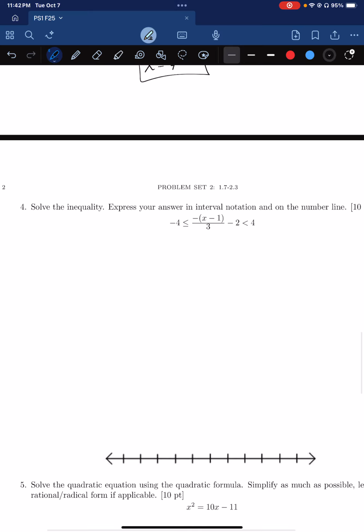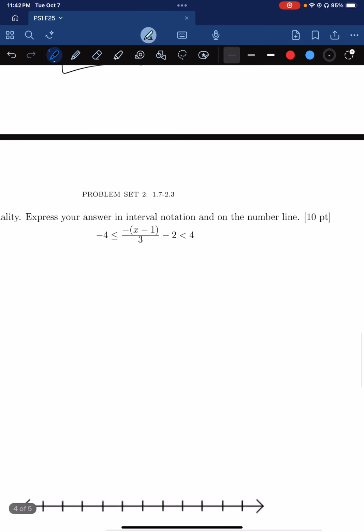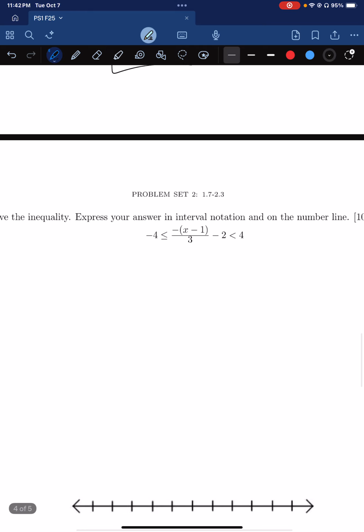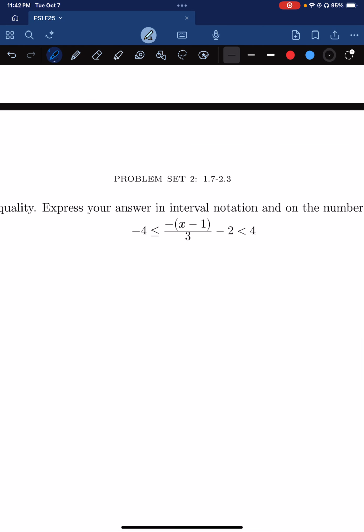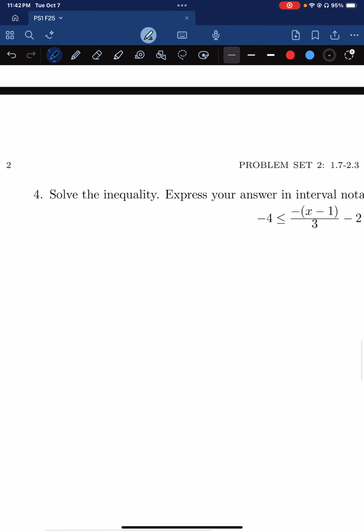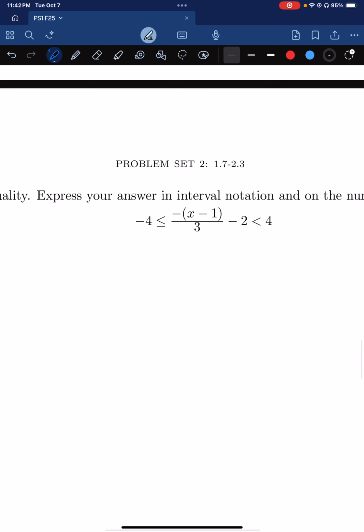Solve the inequality. All right. Express your answer in interval notation and on the number line. Sure thing. So to solve the inequality, we're going to have to get x by itself. X is kind of wrapped up in some division here, so I don't want to deal with that before I've dealt with the 2 on the side.